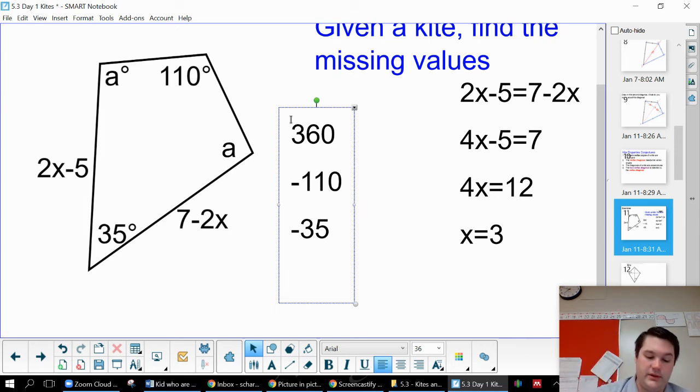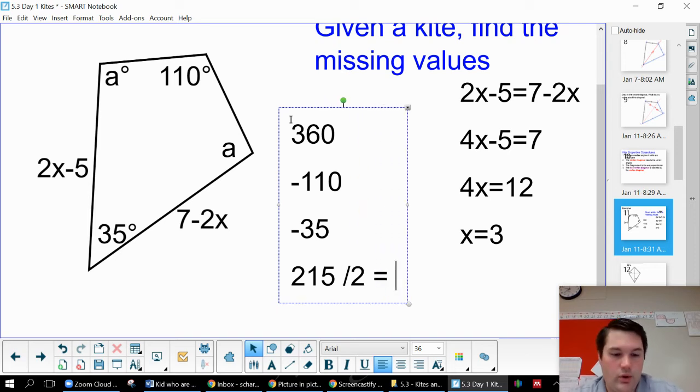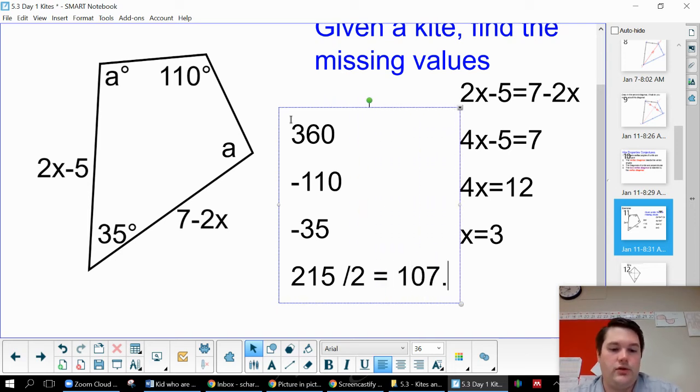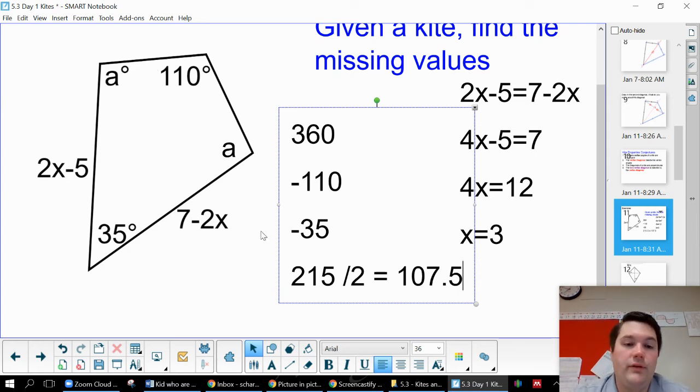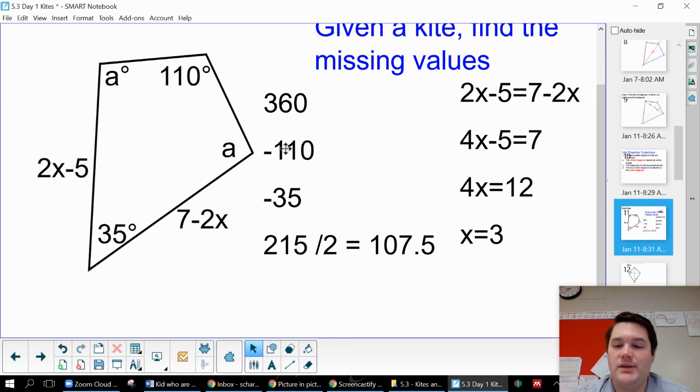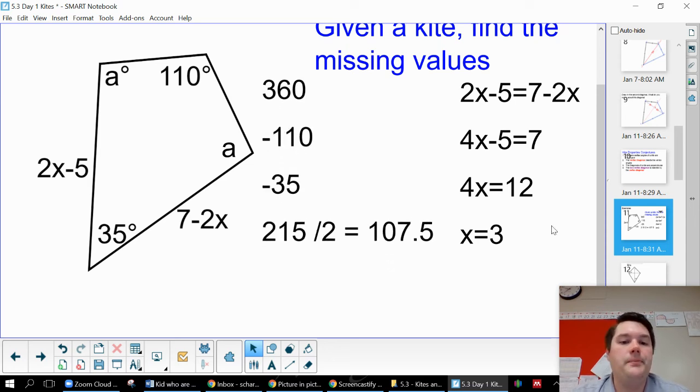And I know I have to split those exactly in half because each of those angles are equal. So I get 107.5 degrees. There we go. So that's kind of the first thing that we could do. Those are using those angles in the definition to find A and X.